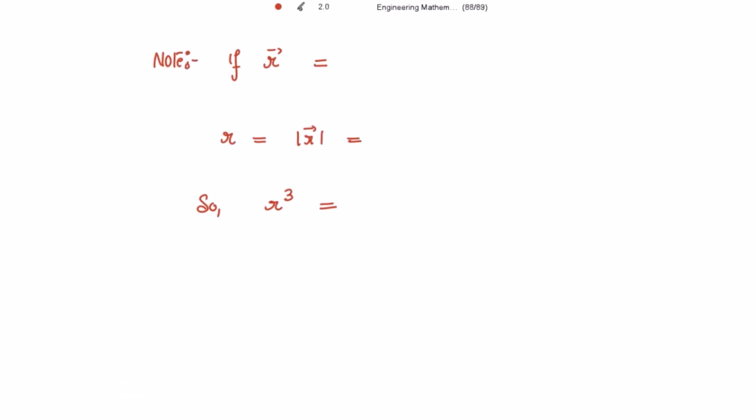Please note that if r vector is xi plus yj plus zk, where i, j, k are the unit vectors, then its magnitude will be r, right? So taking its magnitude, that will be the square root of the sum of the squares of these components, that is x square plus y square plus z square. So what will be r cube?